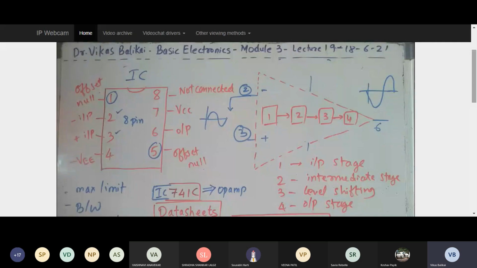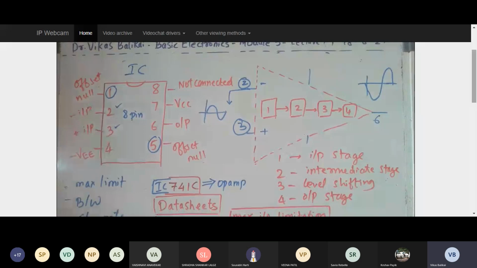Now, once I know the pin structure, I should understand that there is an entity called data sheets. For every IC or electronic component you buy from the market, you will be given a data sheet or something called a reader's manual.